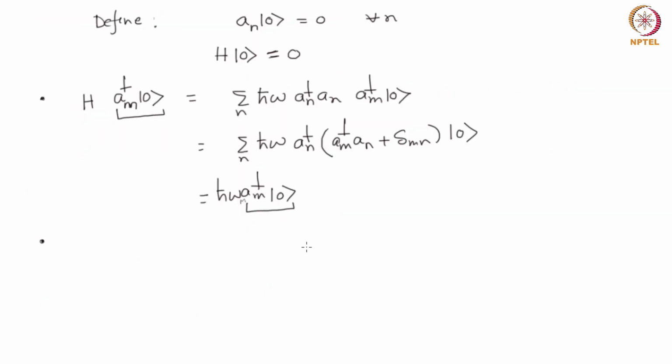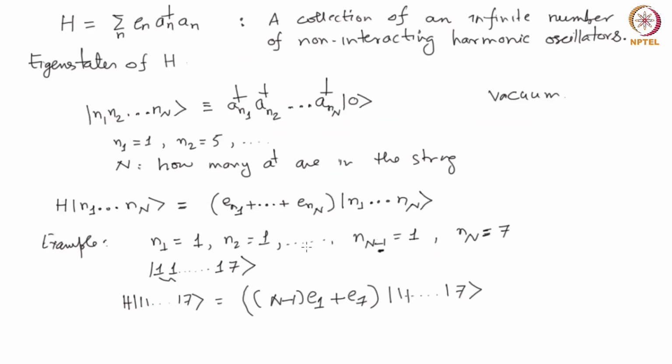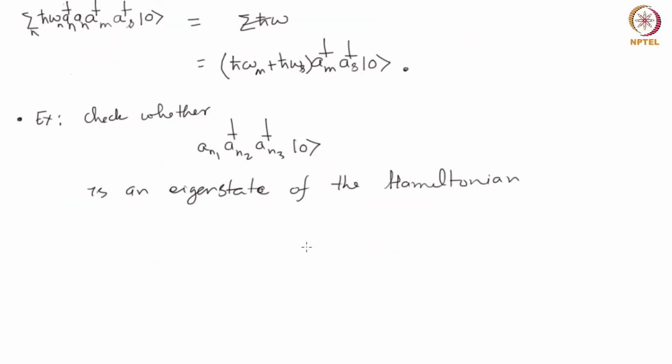The A daggers commute with themselves. Even for one particular oscillator, the A daggers commute, the A's also commute, but A and A dagger do not commute. They commute only when they belong to different oscillators.